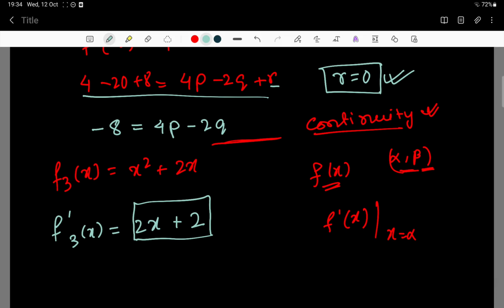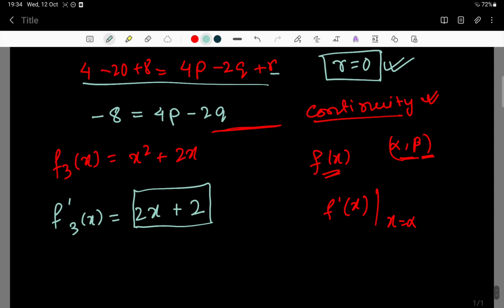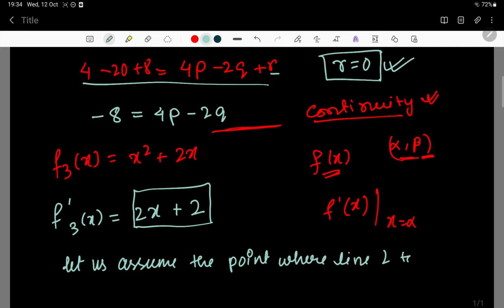So let us assume that the point where the line L touches graph f3 is some point P, say with x, that is abscissa, to be t.